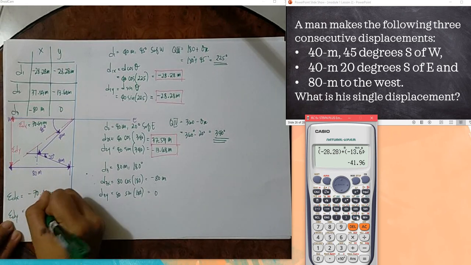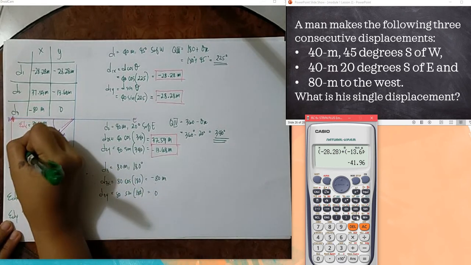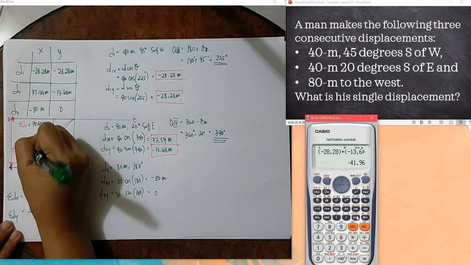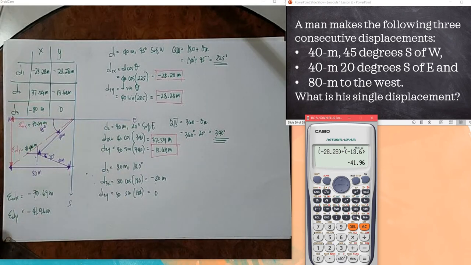Negative 41.96 meters. So this is 41.96 meters. It is a bit messy here because it is small. Now, the summation of x and the summation of y are both negative, so we have to make sure we wrote our graph correctly. Based on our graph, our resultant is in the third quadrant, meaning what we are doing is correct.